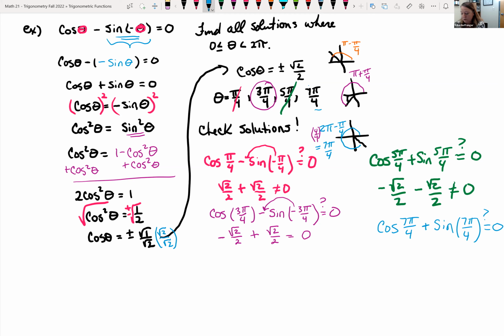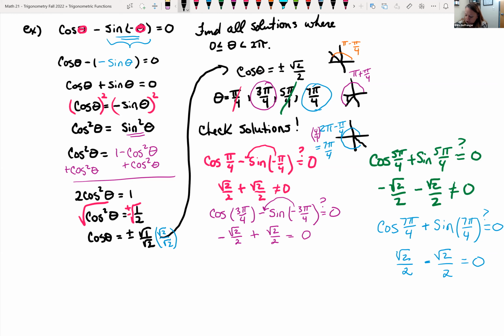Well, cosine of 7 pi fourths is root 2 over 2. I'm in the fourth quadrant, where cosine is positive, so I leave it positive. But sine of 7 pi fourths is root 2 over 2, but in the fourth quadrant, sine, your y value on the unit circle, is negative. So this is negative root 2 over 2, and that is equal to 0.